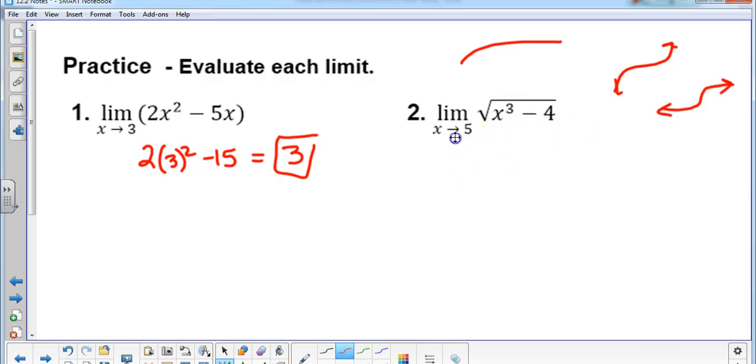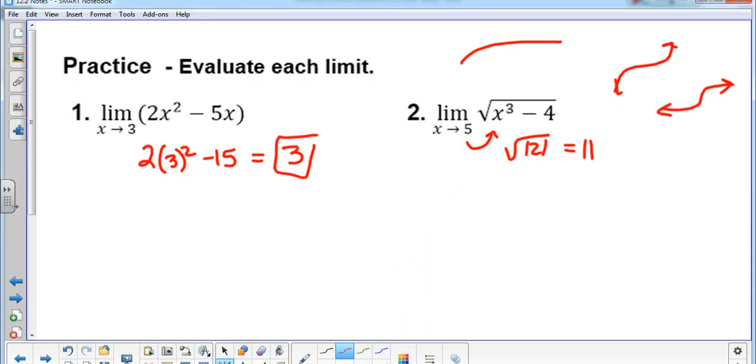Here's my question. We're not sure if anything crazy is going on, but if I put in a 5, can I solve that? I get 5 cubed is 125 minus 4 is 121. Square root of 121 is 11. So it seems like it's defined at that value.